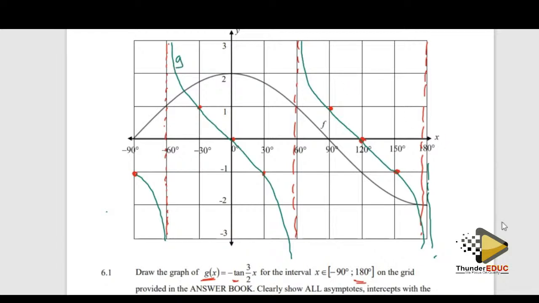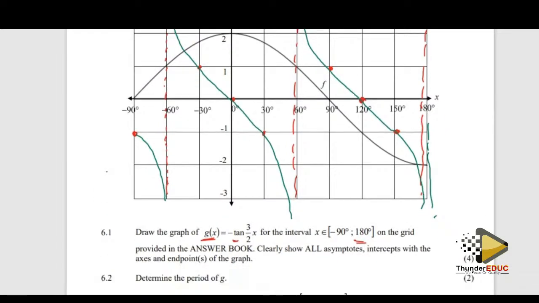Then they're asking us to determine the period of g. Now remember, the normal period of a tan graph is meant to be 180. But the moment we have something extra there, it will affect the period. In other words, we can just divide the 180 by this. So if I get 180 divided by 3/2, it should give me 120.